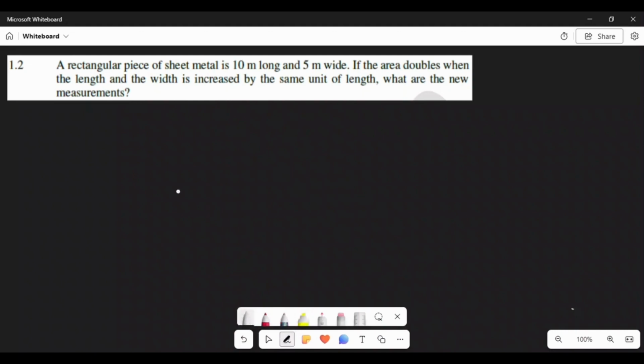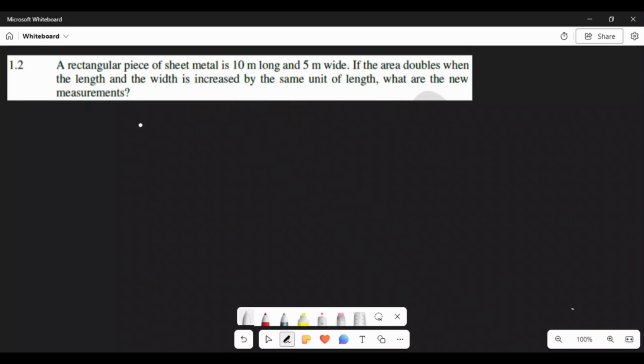What is it that they want us to do here? Let's read this question very quickly. They say a rectangular piece of sheet metal is 10 meters long and 5 meters wide. If the area doubles when the length and the width are increased by the same unit of length, what are the new measurements?